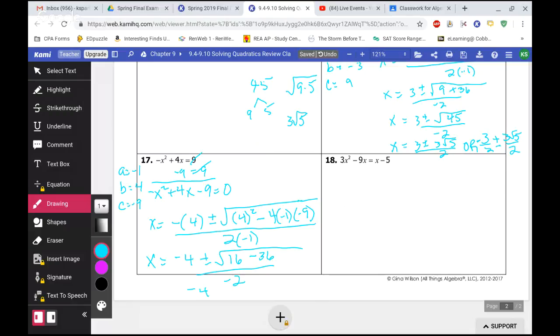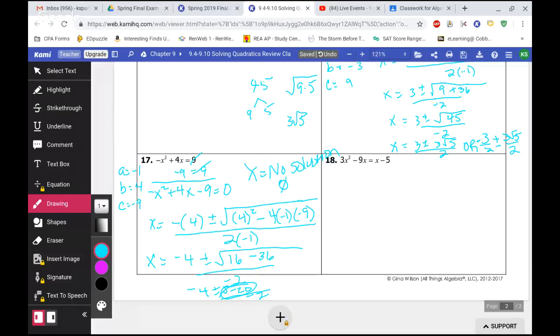So I have -4 plus or minus the square root of -20 all over -2. But I've got a negative in that radical. A negative in the radical is a no-no for Algebra 1. So x equals no solution. Or this, either way you want to write it.